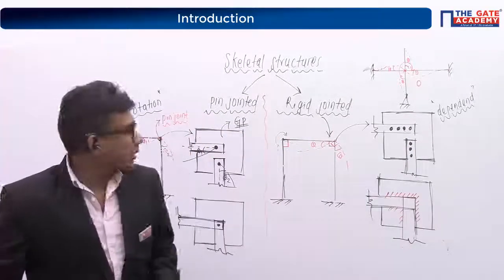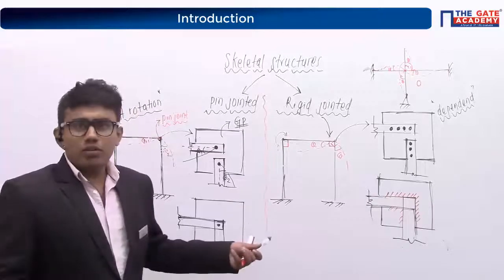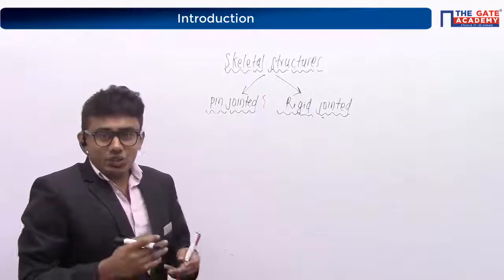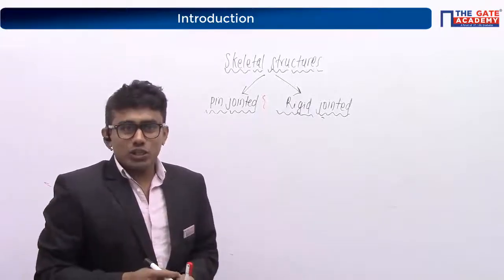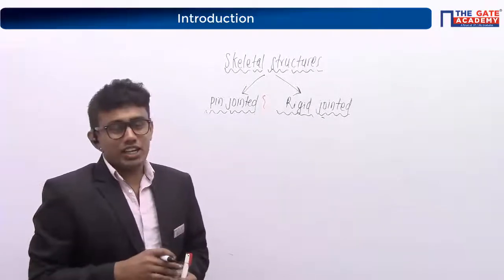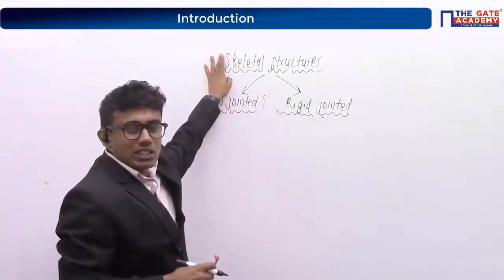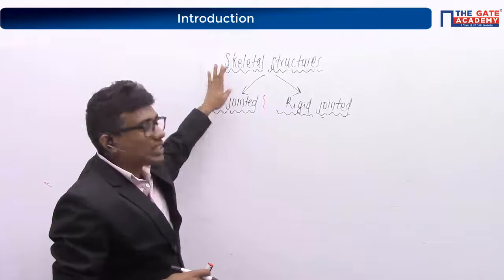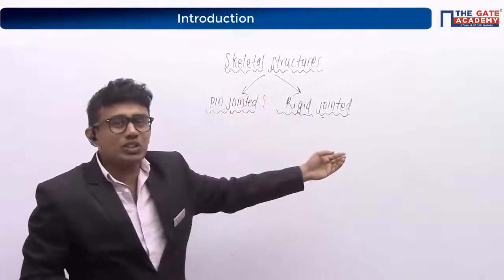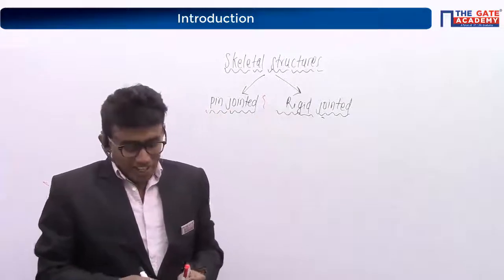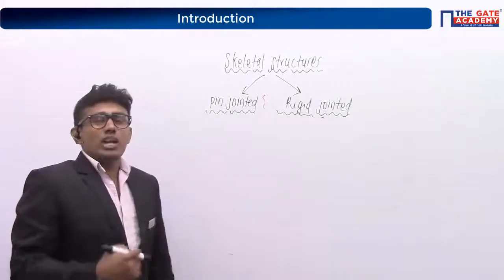Yes, I'm moving further. I hope you have noted these things down now. I was actually classifying the joints, so classifying the skeletal structures, right? I told you that we'll be discussing only our skeletal structures, and I classified the skeletal structures based on the type of joint present in them, that is pin jointed structures and rigid jointed structures. Again, we can classify further.